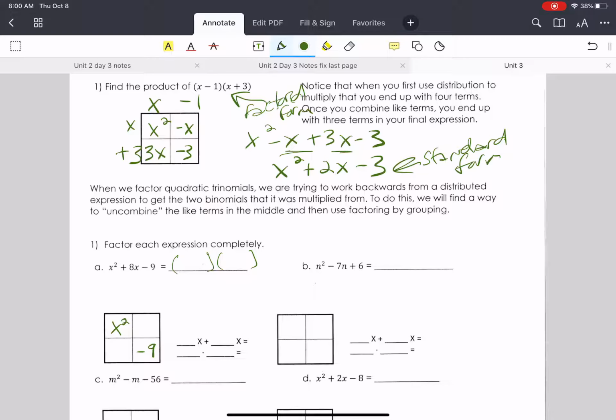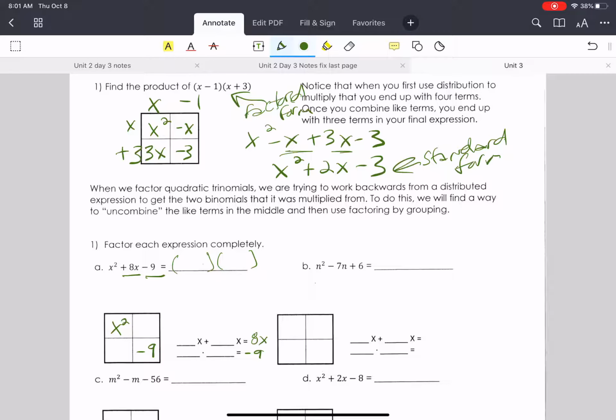Everybody see the problem? Okay, so here's how we're going to figure it out. It's going to be like a puzzle, okay? I need to find 2 numbers that add to positive 8 and multiply to negative 9. I want you to think about it for a second.